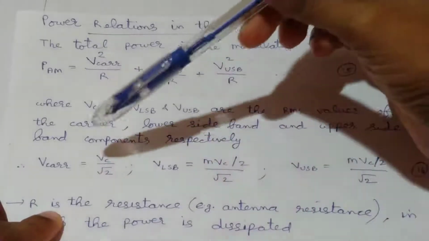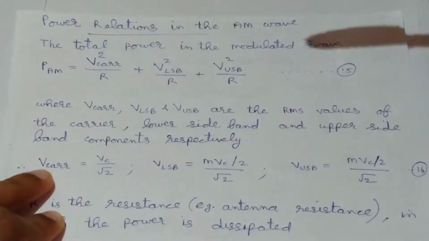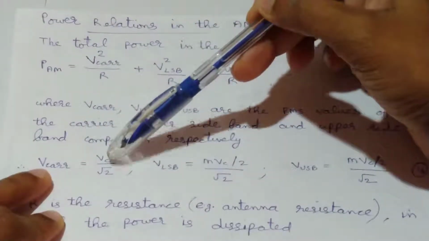Then as I said earlier, the RMS value of the carrier component is Vc by root 2.